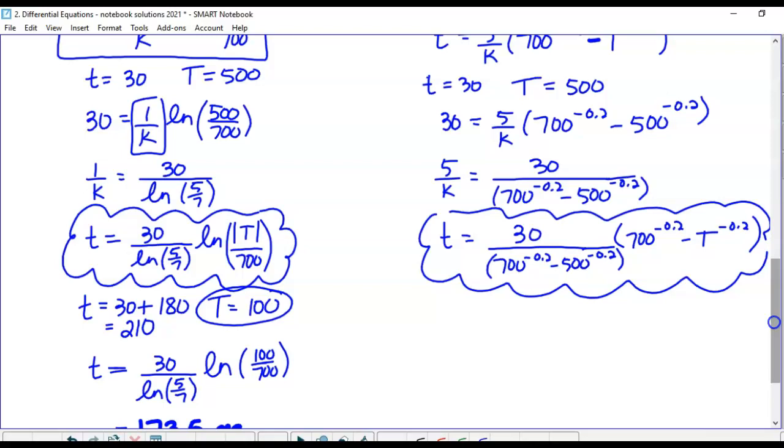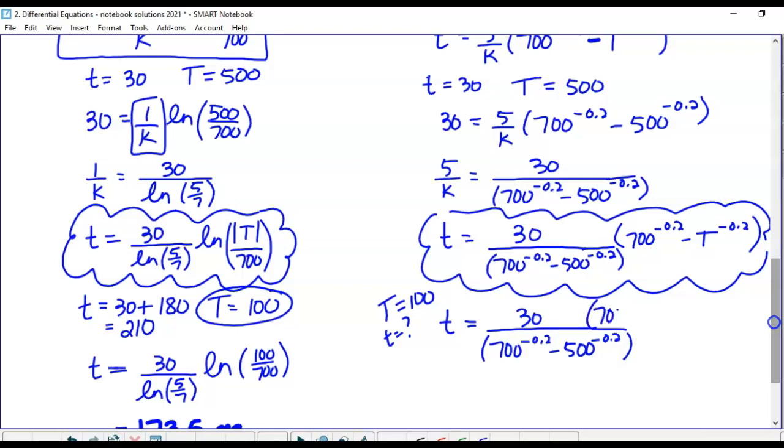Now let's see, when we substitute t equals 100 in, do we get 210, right, for the time? So 30 over... minus 100 to the negative 0.2.